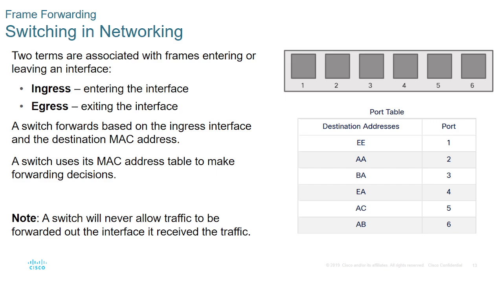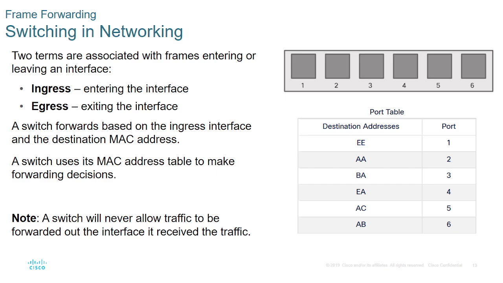For example, you could have a PC on port number 1 and a PC on port number 6. When the PC on port number 1 sends data, it moves from the PC to port number 1, so port number 1 is the ingress interface. As it's delivered to the destination on port number 6, it will exit out of port 6, that is egress.